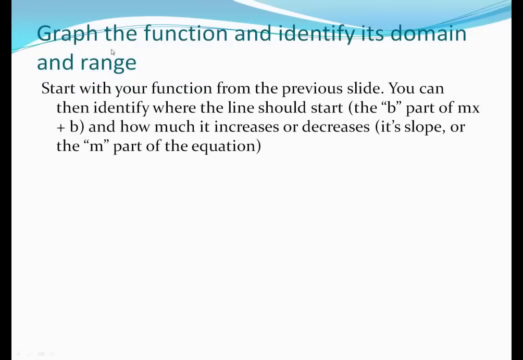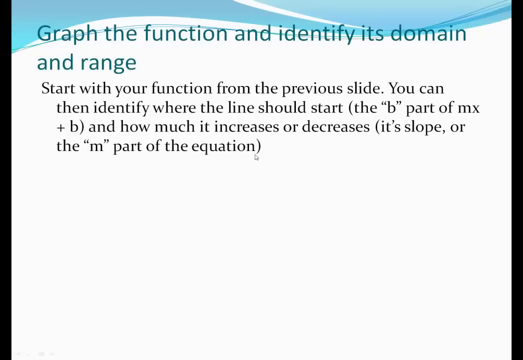All right, so let's graph the function now that we have the equation and identify its domain and range. So we start with the function from the previous slide. You can identify then where the line should start. That's the b part of mx plus b, okay? That's the y-intercept. That's where it crosses the y-axis, and how much it increases or decreases.